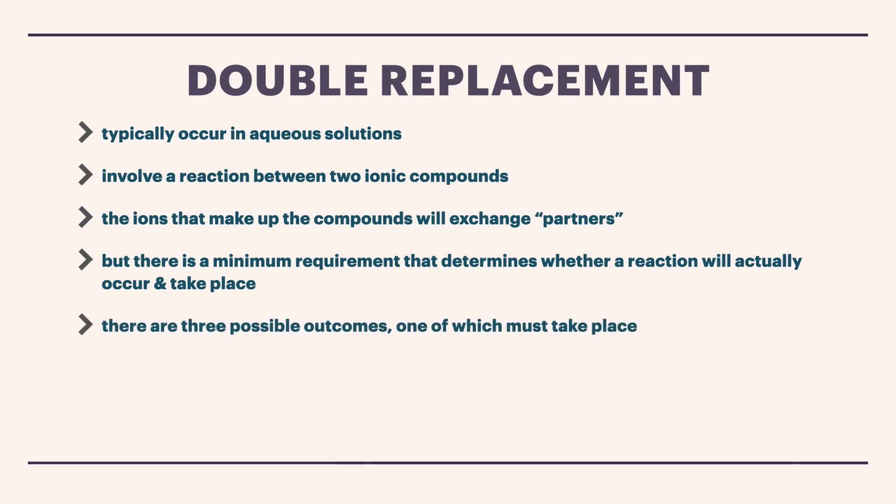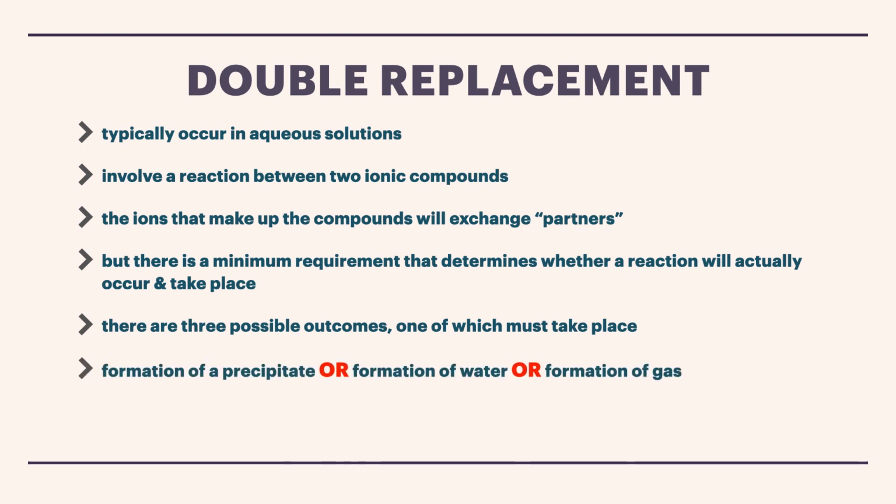So there are really three possibilities, one of which must take place in order to properly identify the reaction having occurred. The three possibilities are, first, you'll get the formation of a precipitate. You would see that upon mixing the solutions, it turns cloudy, just like you saw back in the labs that we did in the first semester. But there are two other possibilities that we haven't run into before. Secondly, you might get the formation of water. We'll see which circumstances would have to be met in order for water to form.